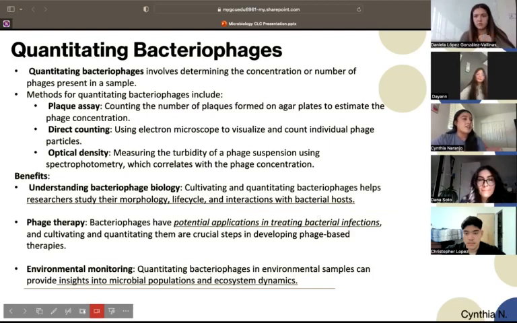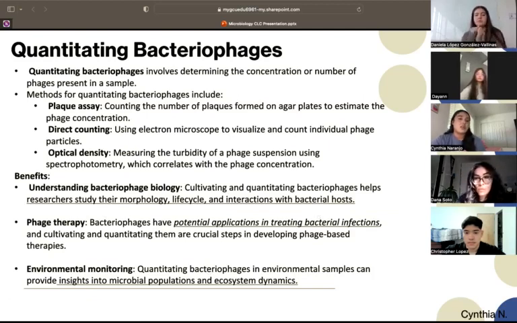Quantitating bacteriophages involves determining the concentration or number of phages present in the sample. Methods for this include the plaque assay, which means counting the number of plaques formed on the plate to estimate the concentration.